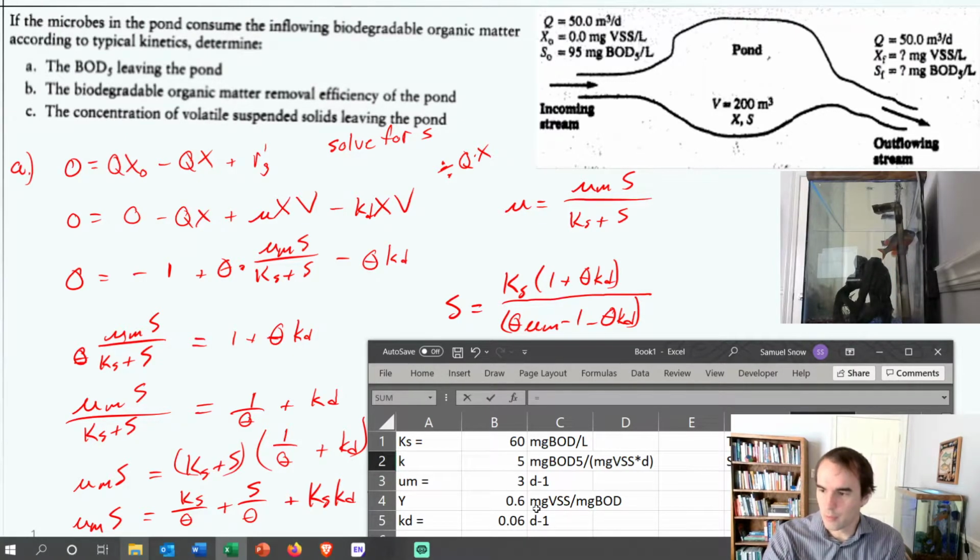Okay, so S then would equal Ks times our 1 plus theta times Kd, all that divided by theta times mu max minus 1 minus theta times Kd.